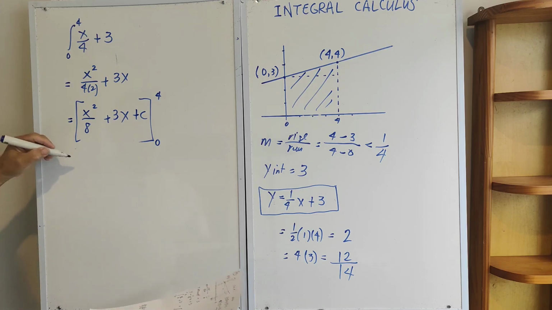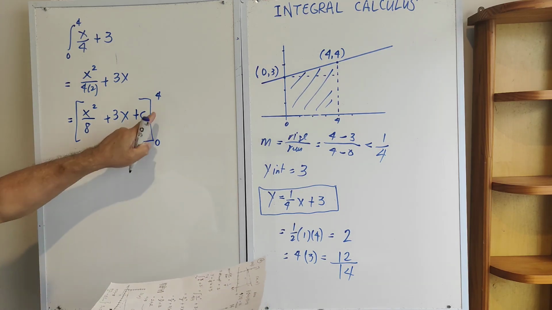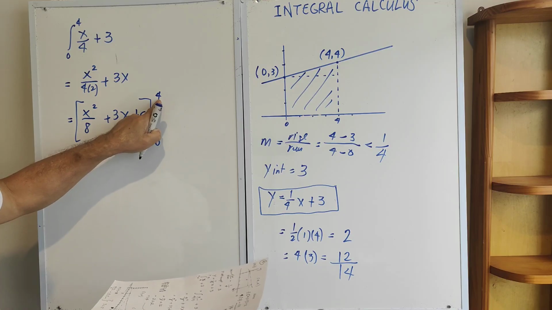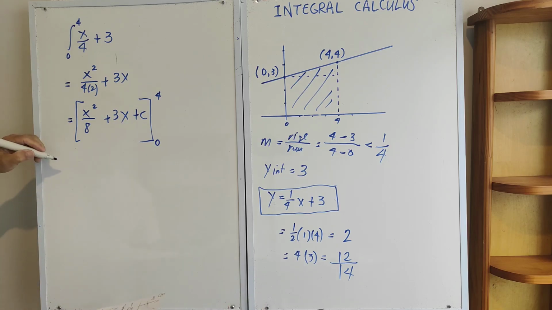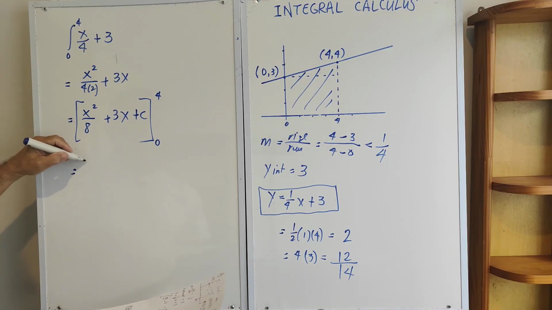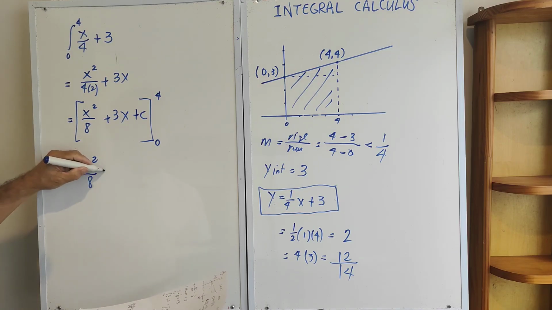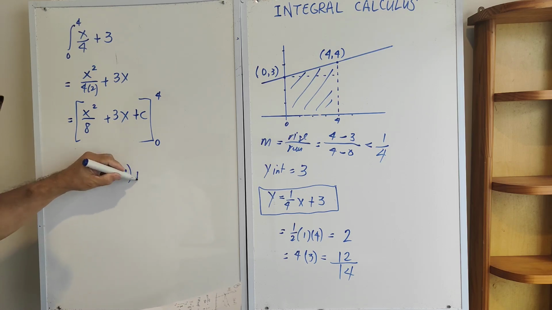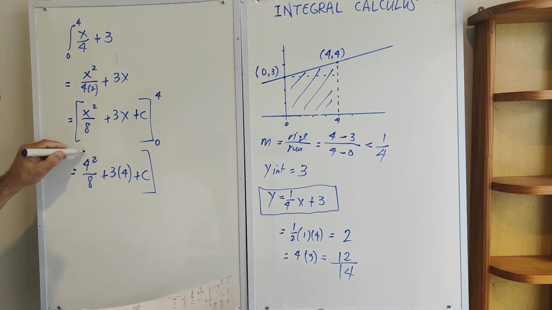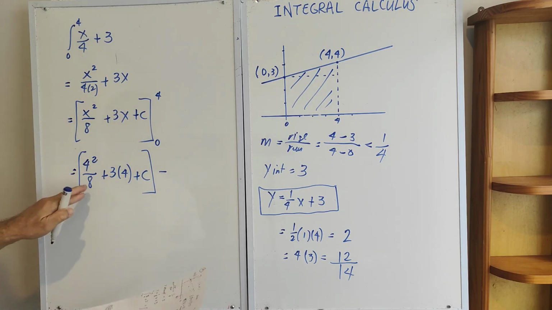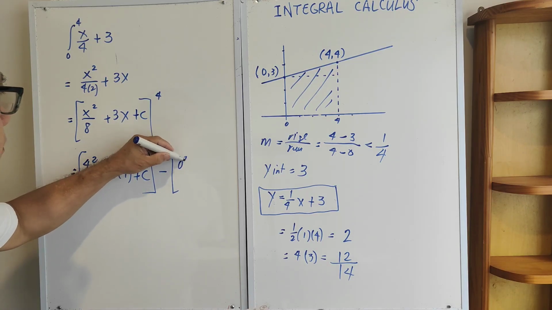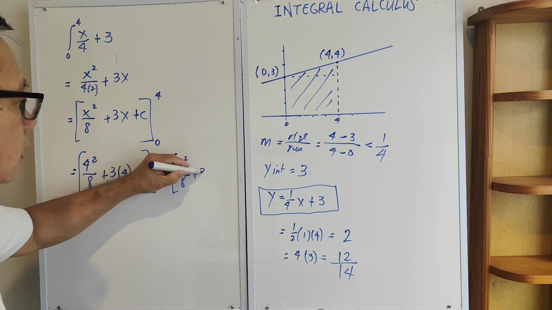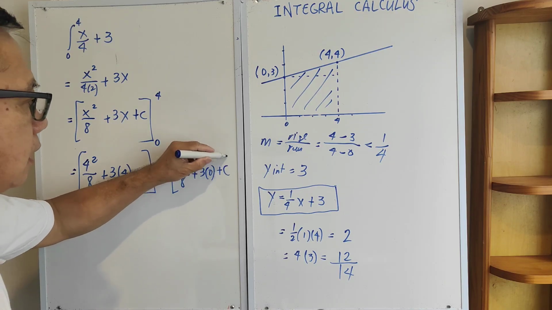So this is how we answer it. We will place 4 in here and then 0 in here to evaluate. This becomes 4 squared over 8 plus 3 times 4 plus c, minus, for the number 0, 0 squared over 8 plus 3 times 0 plus c.